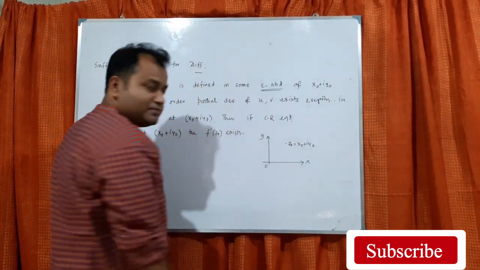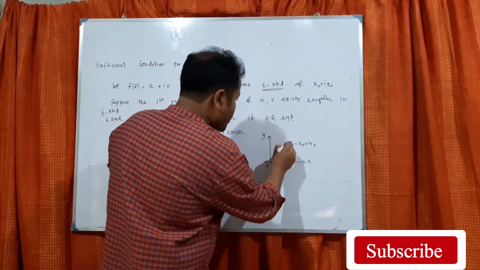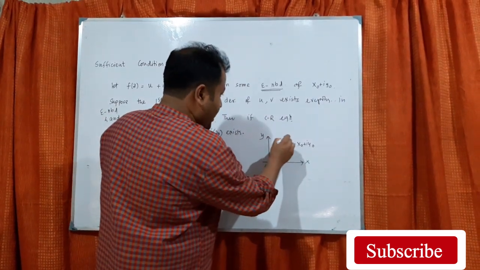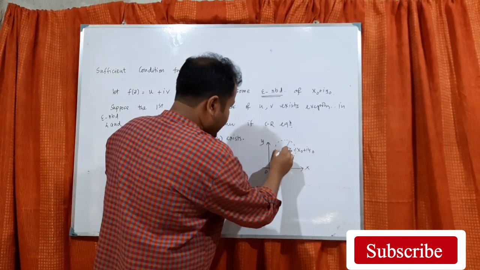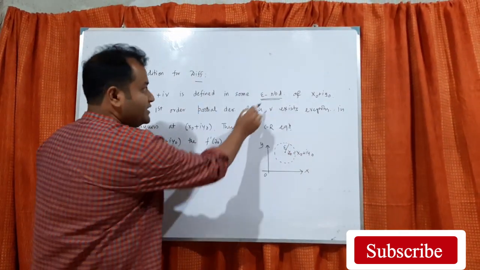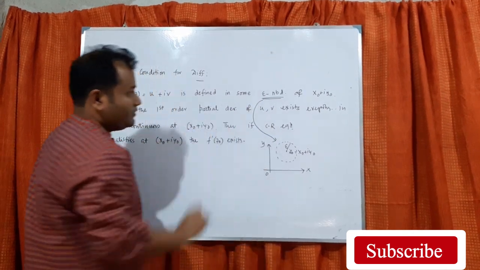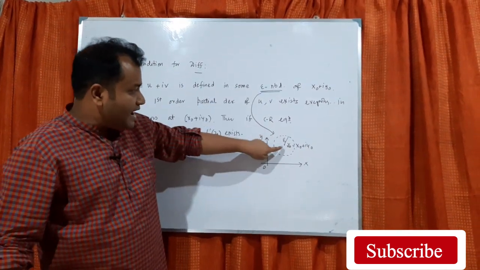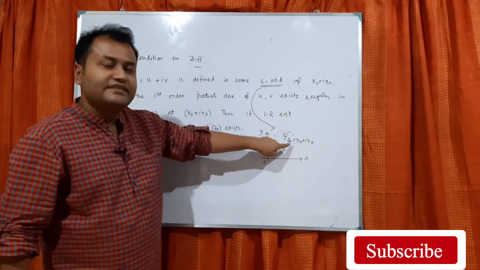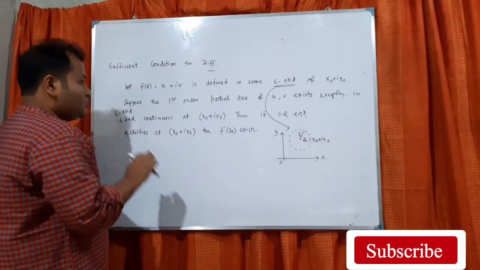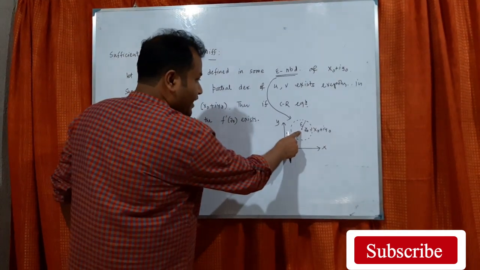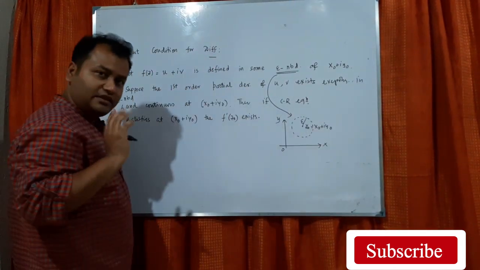What is the meaning of epsilon neighborhood? Around this point, if I make a circle whose radius is epsilon, that is the epsilon neighborhood. So we have taken a point and drawn a circle.